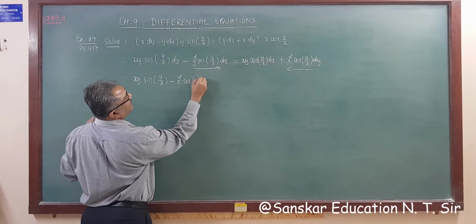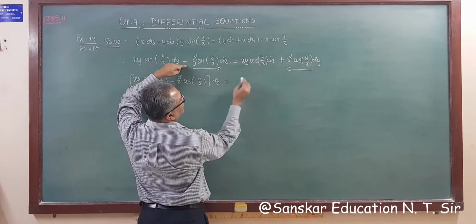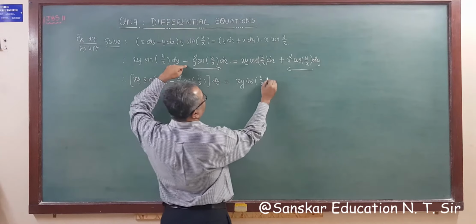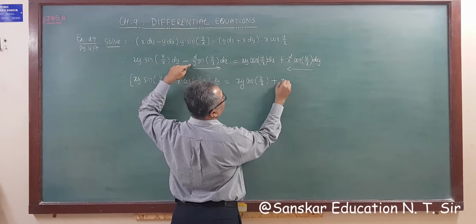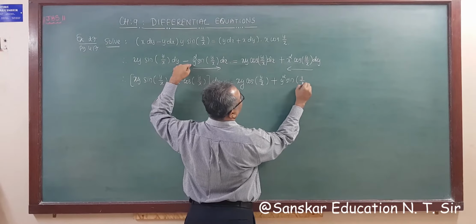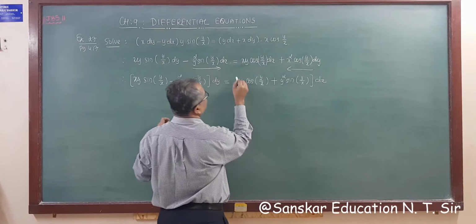Taking dx common, we get xy cos y by x plus y square sin y by x, and dx.